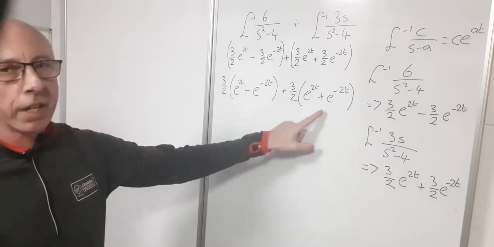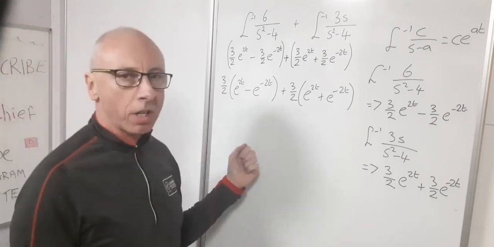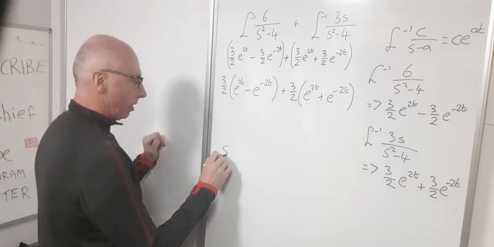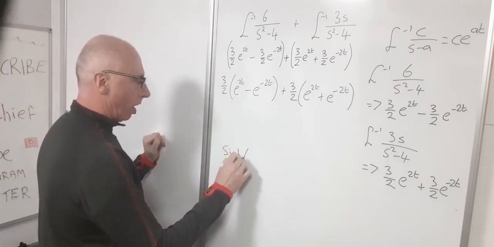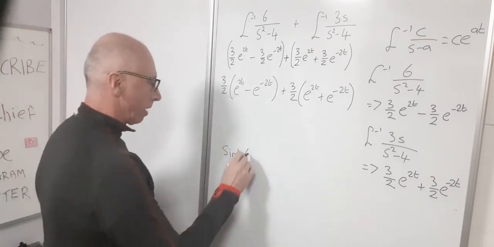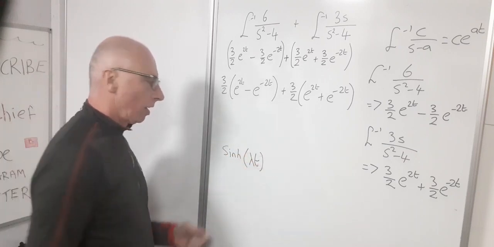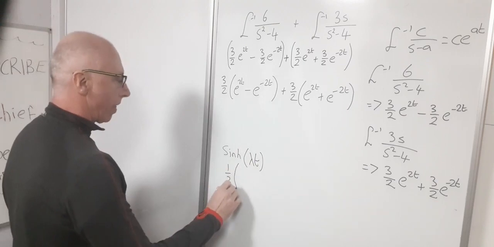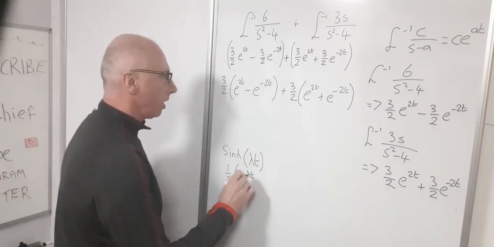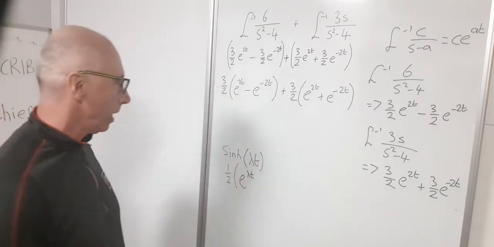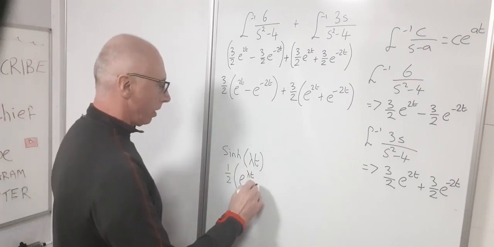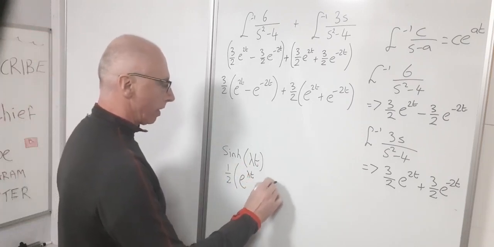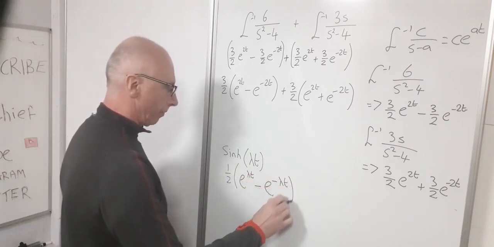Now what I know is that sinh of lambda t, for example, in exponential form will be 1/2 (e to the lambda t, so lambda t is that sinh input, and then I subtract e to the negative lambda t).